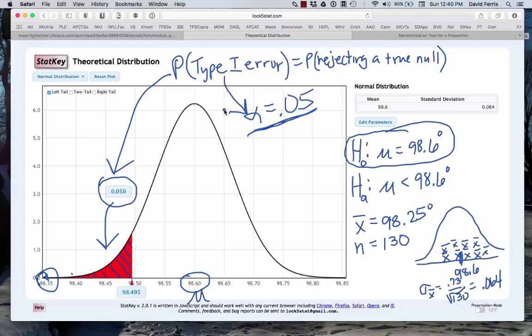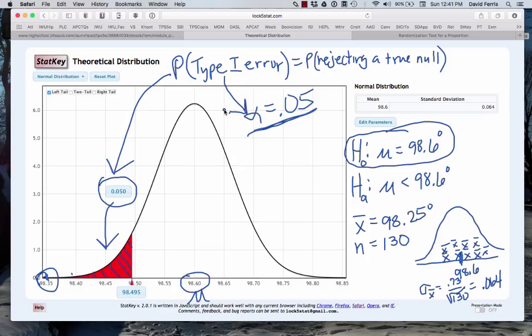If they make it 5%, well, that means you've got a 5% chance of making a type 1 error. If you go down to 1%, which is highly more significant and you have to have more evidence, that could be a good thing because it also reduces the chance that you'll reject a true null hypothesis. So it's just something to keep in mind. It's very easy to remember that the probability of type 1 error is actually the same exact number as the level of significance alpha.